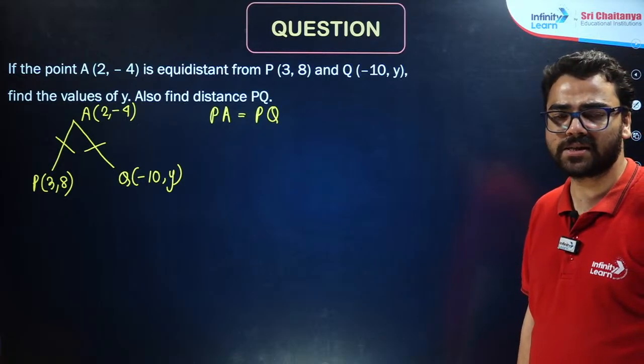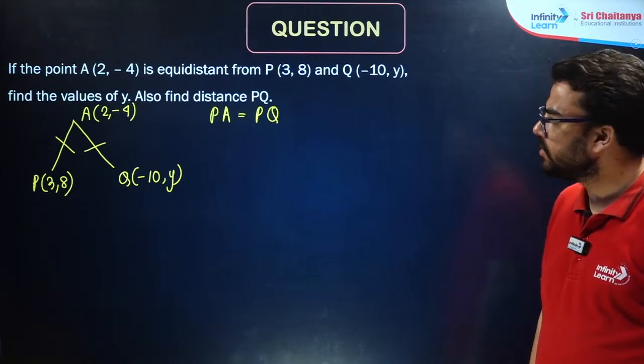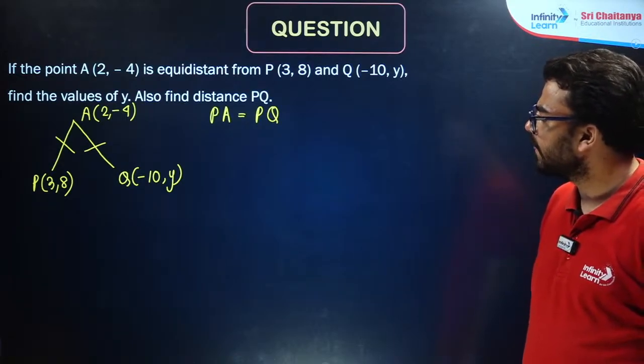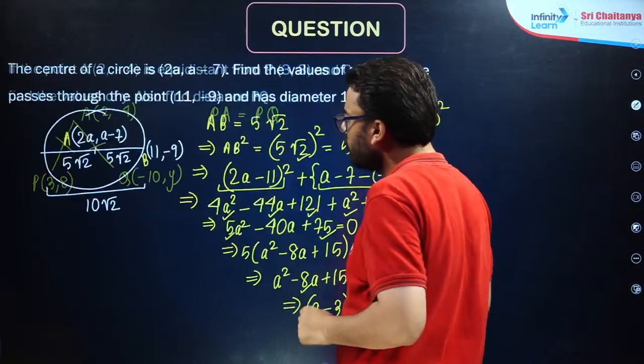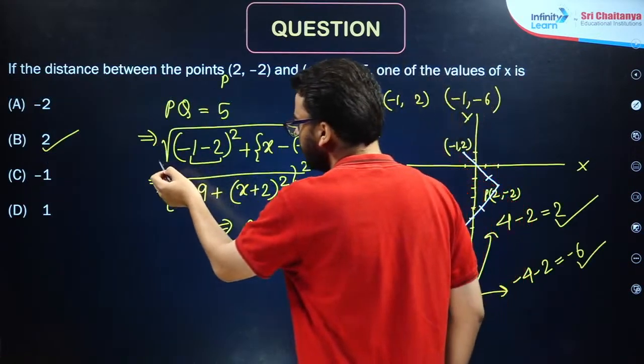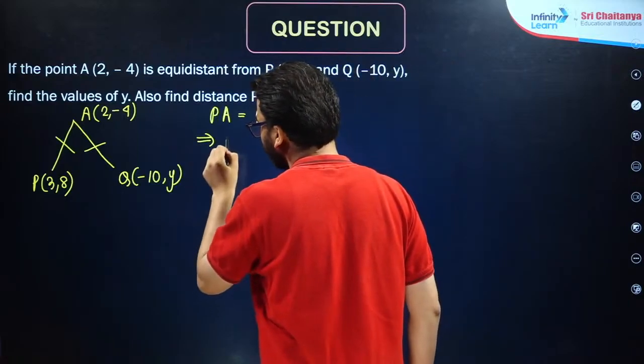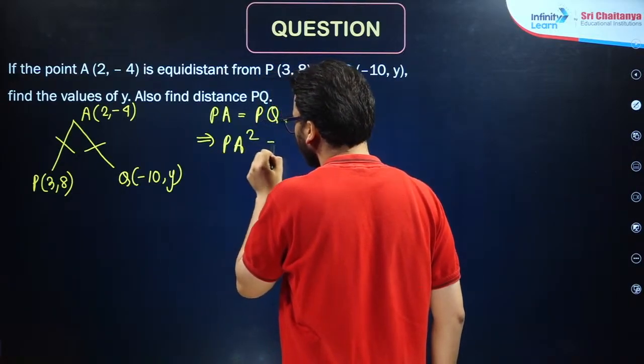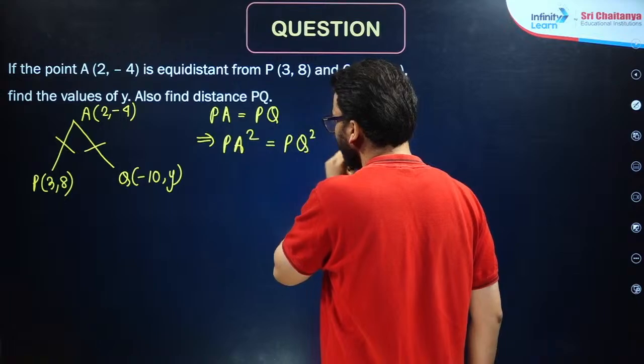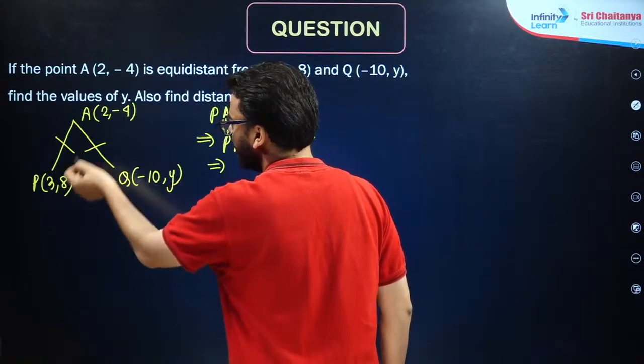So you have to use the distance formula. In order to use the distance formula over here, obviously square root will come. So can we not square in the first step itself so that we don't need to write the square root, right? So now we can directly use this thing.